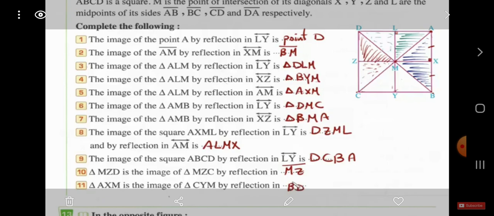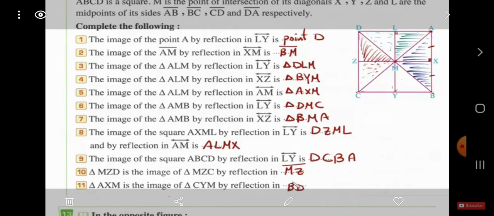Number 7: the image of triangle AMB by reflection in XZ, the x-axis, is triangle BMA. The image of square AXML by reflection in LY, like the y-axis, is DZML, and by reflection in AM is ALMX.